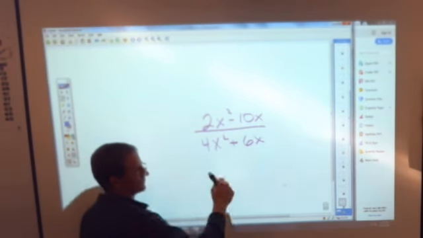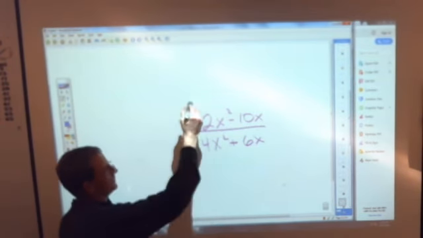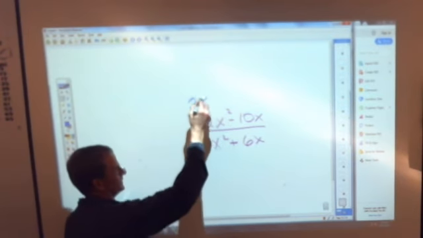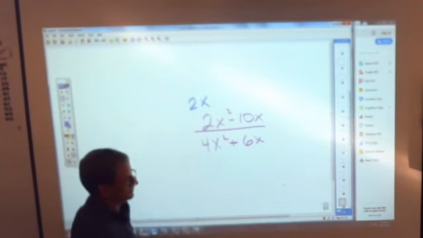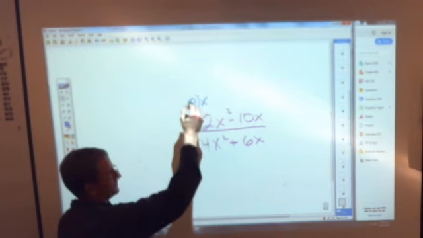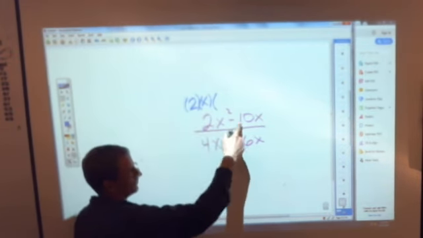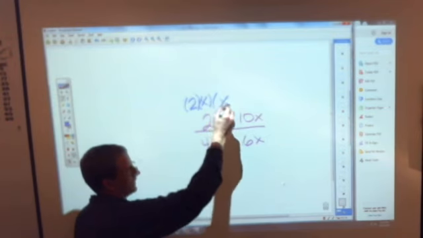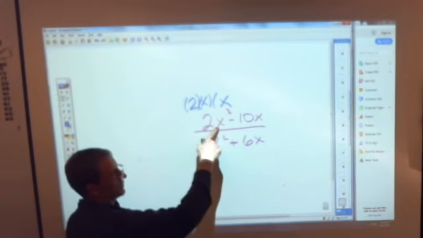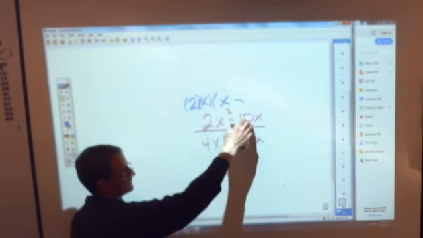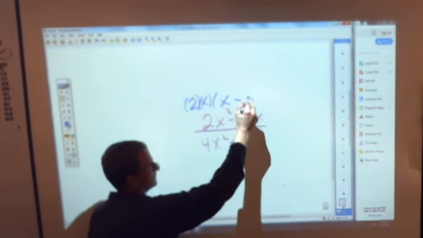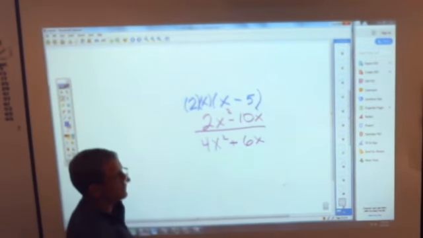If I were to factor this out, I can take a 2 out, yes? And I can take an x out, because they both have x's. So that makes this a factor and this a factor, and then when I take a 2x out of both of these, what am I left with? An x, because 2x times x is 2x squared, minus 2x times, what gives you minus 10? A 5. Are you with me on that?